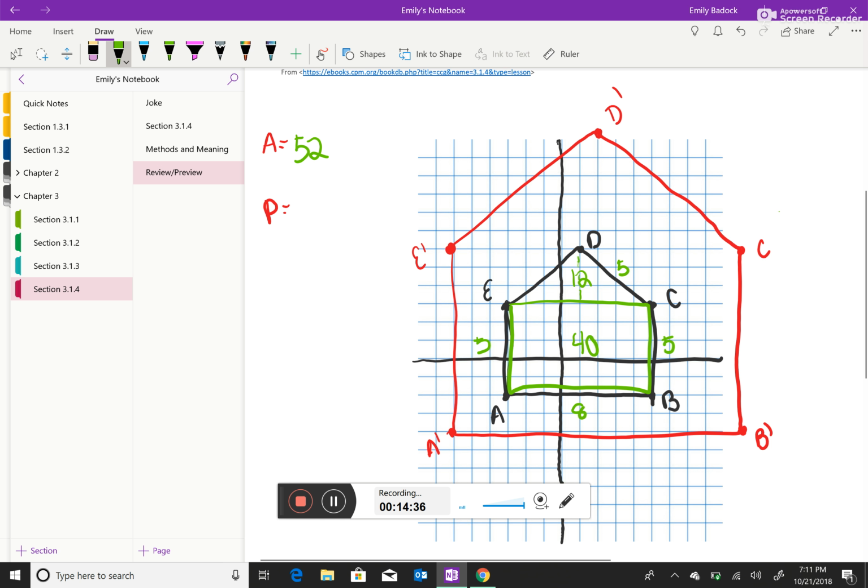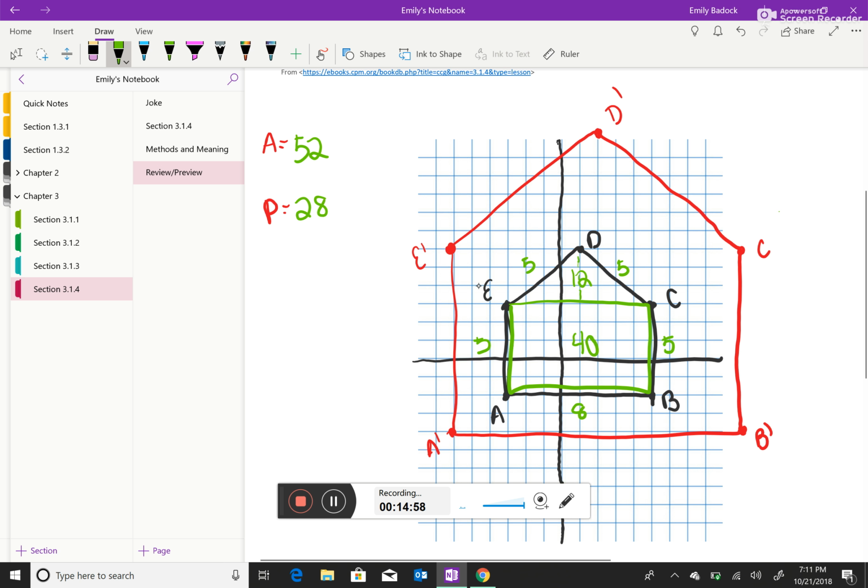But if you ever have a right triangle with legs of 3 and 4, you know that the hypotenuse is always going to be 5. So I have 28 as my perimeter. So those are my area and perimeter.